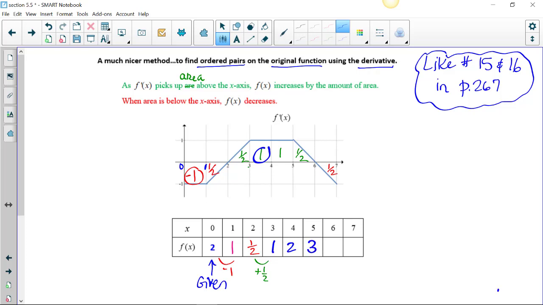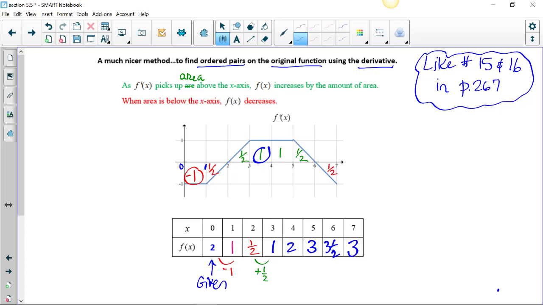From 5 to 6, I'm adding 1/2, so I'm at 3 and a half, or 3.5. And then from 6 to 7, I'm decreasing it by 1/2, so I subtract 1/2, so at 7 I should be at 3. So if I knew the function, I could find those values, but I don't know the function, I can use the derivative.